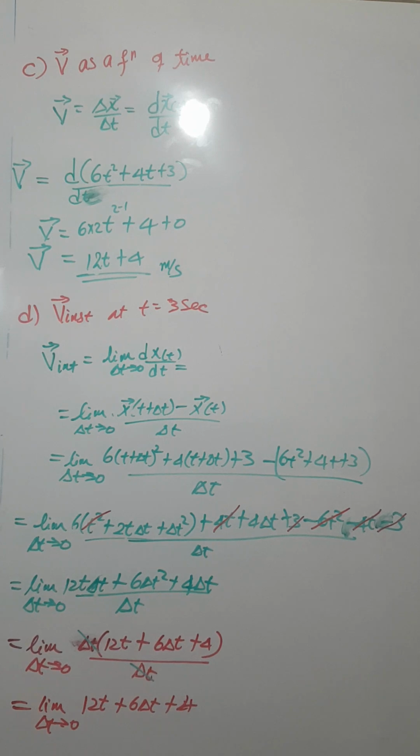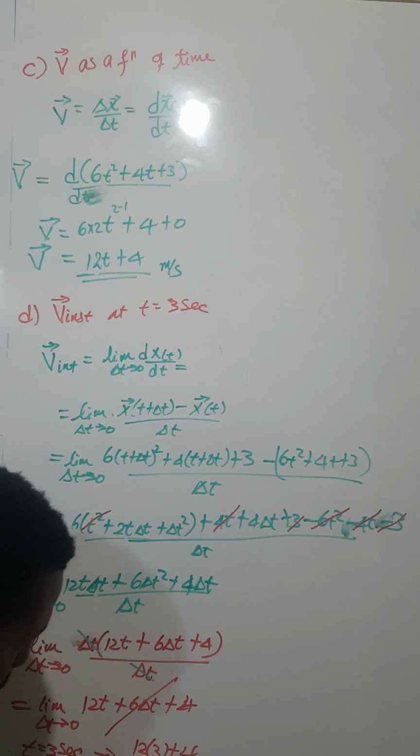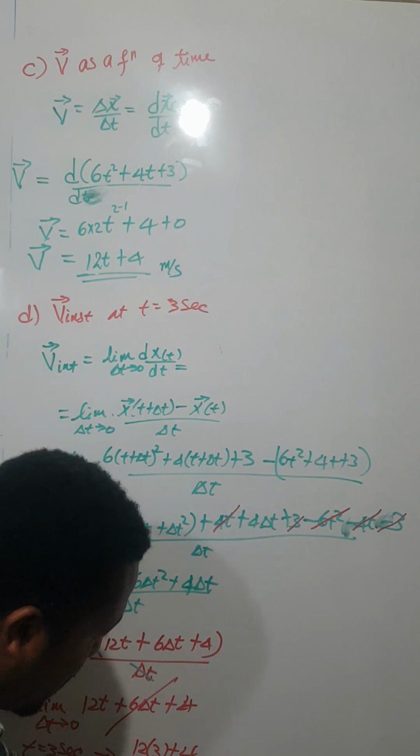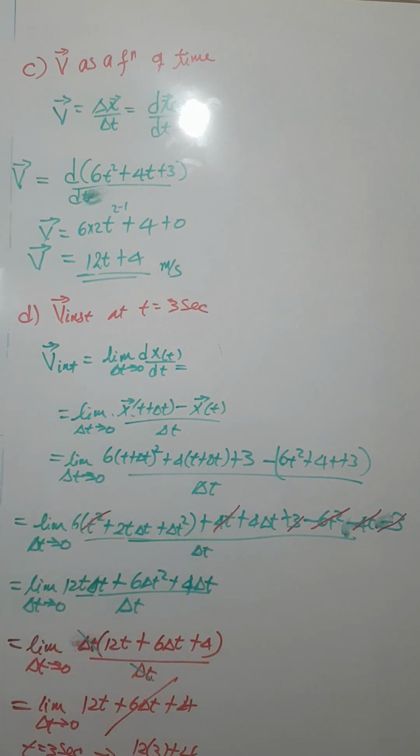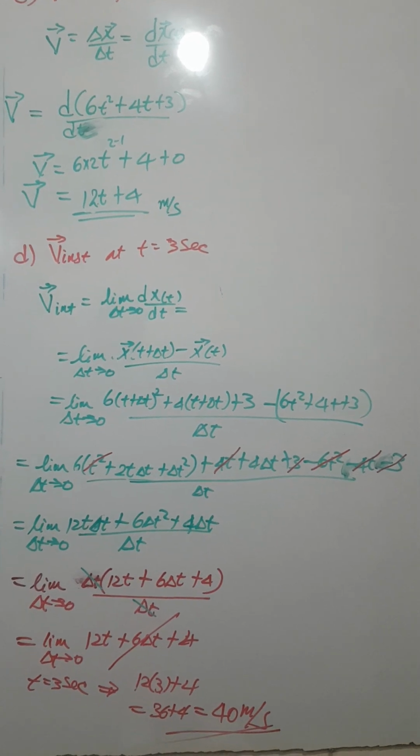Now our time is 3 seconds, so the change in t term approaches 0. So t is equal to 3 seconds, implying that 12 times 3 plus 4, which is 36 plus 4, equal to 40 meters per second.